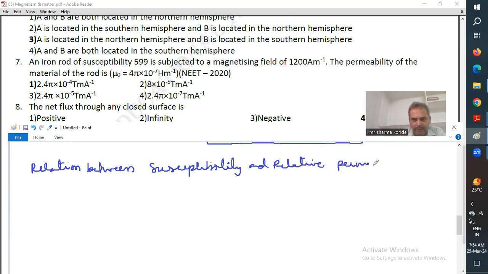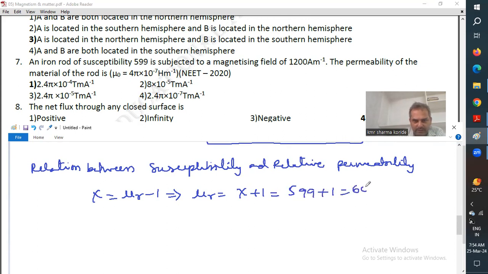Chi is equal to mu r minus 1. So therefore mu r will be chi plus 1. So chi is 599 susceptibility plus 1. This will be 600.